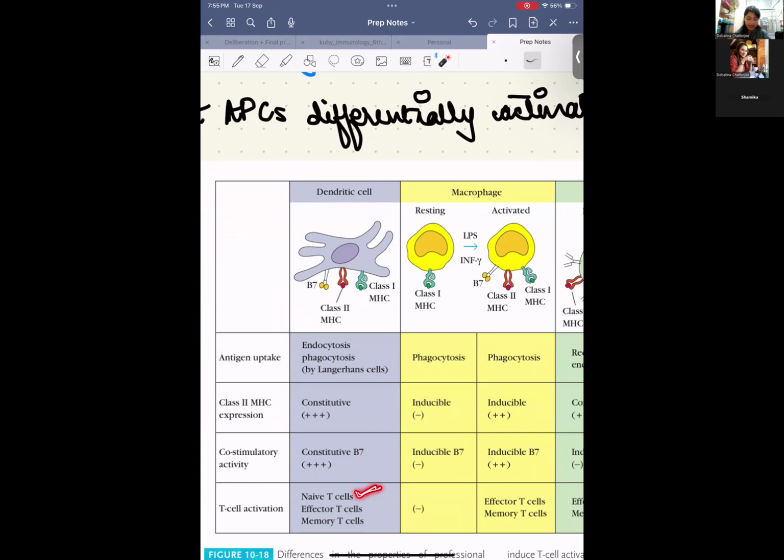The naive T cells in the first go do not have the CD28 molecule, and the number of CD28 molecules is increased in the presence of an antigen in complex with your MHC molecule. So as the naive T cell now expresses the CD28 molecule, we already have the B7 present here. So the co-stimulation is faster. So the naive T cells can be activated by your dendritic cells.